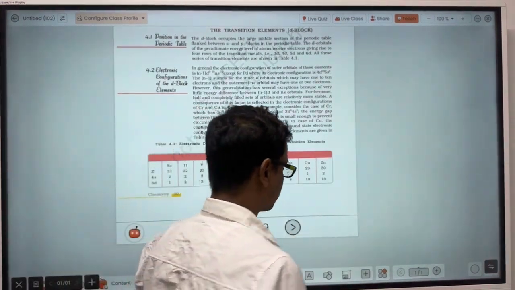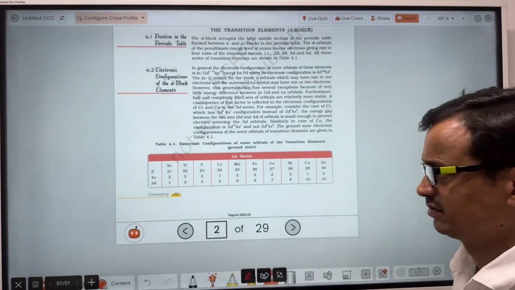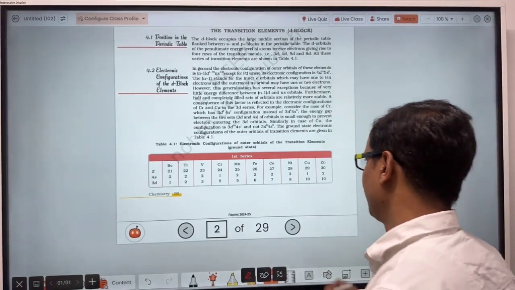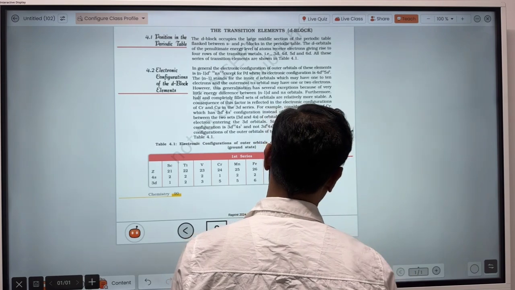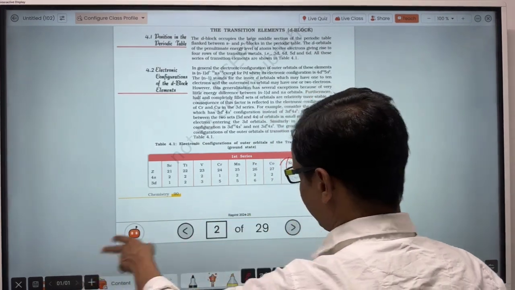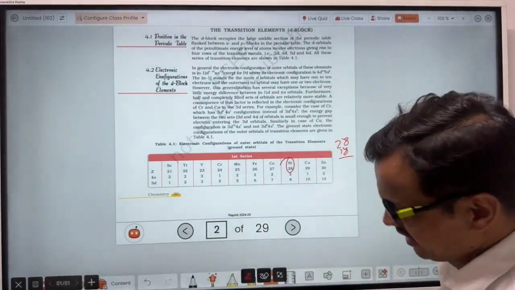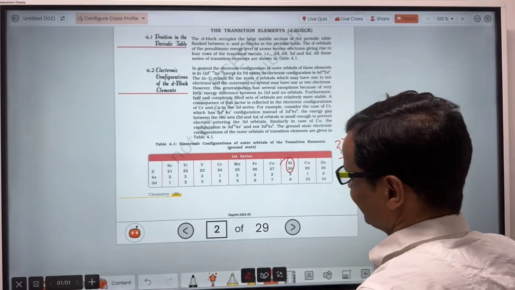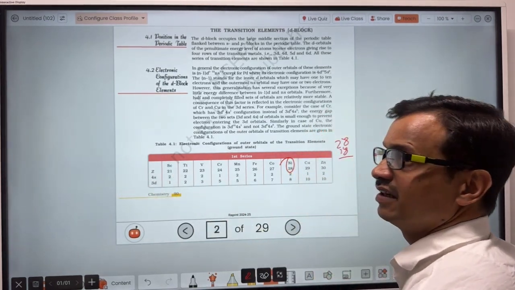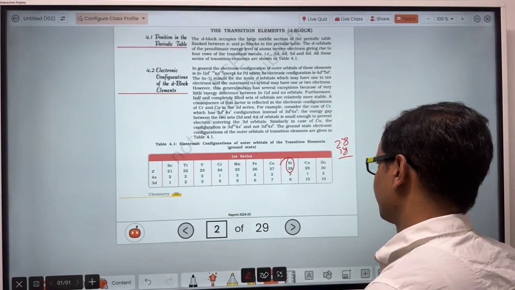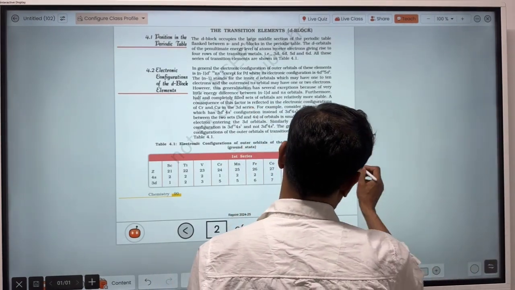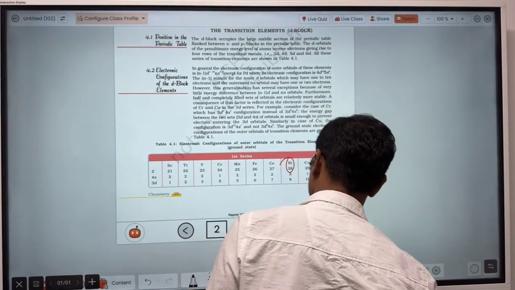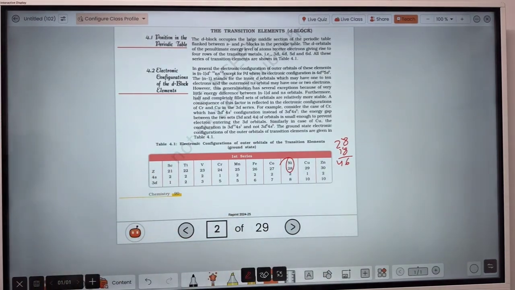You can also predict it. Between nickel and palladium there are 18 elements, so 28 plus 18 gives 46. So what is the palladium electronic configuration to write?